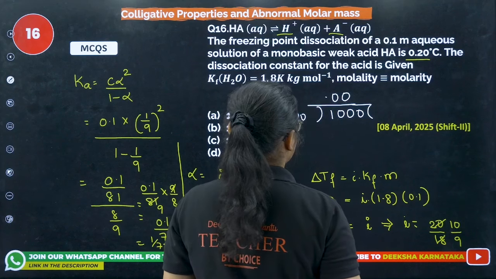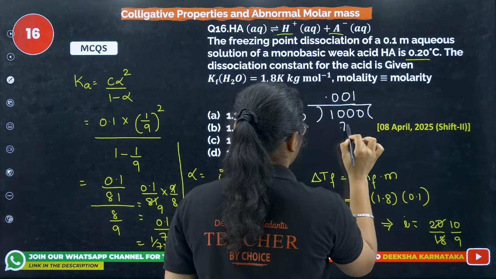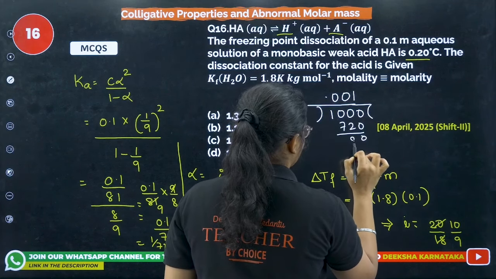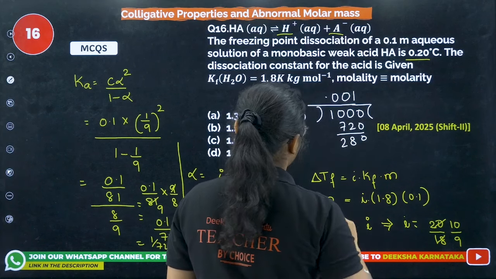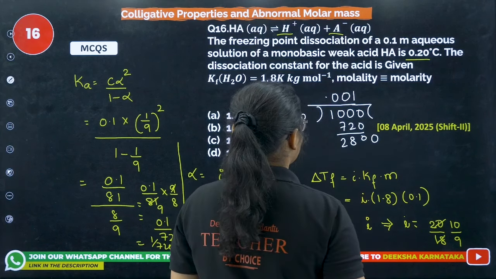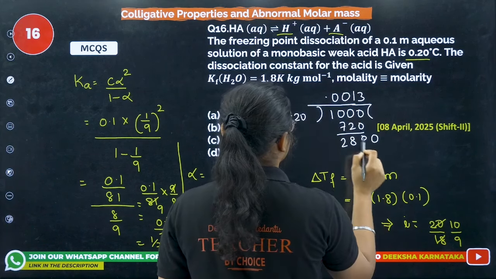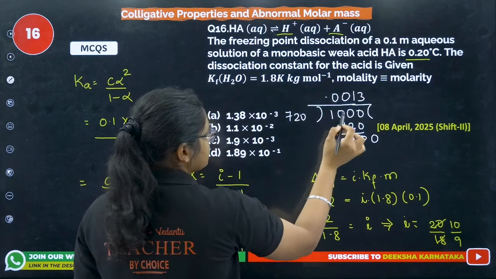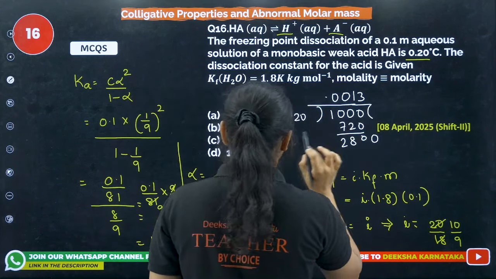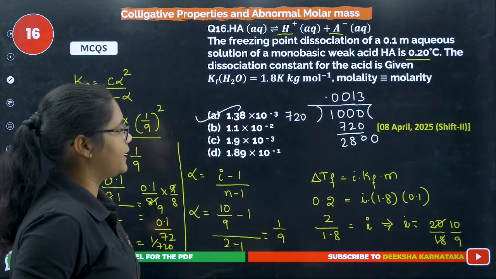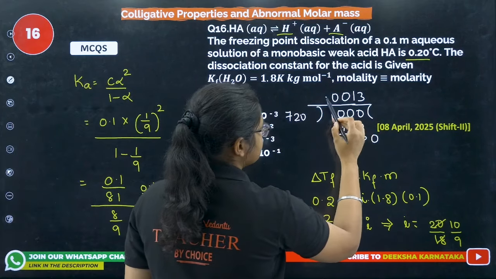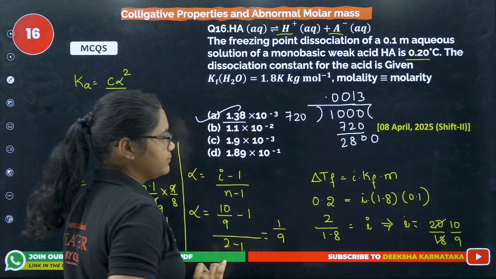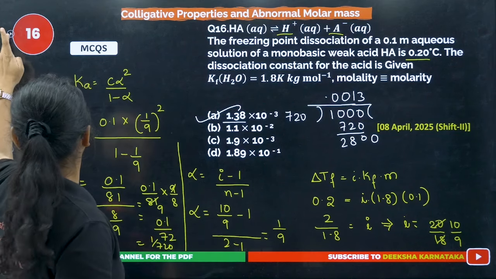Now I think I have to take 1 here. 720, 10 minus 7 is 3, I got 280. Now I can take 3, 3 sevens are 21. So 0.0013. I can see that this option has to be correct. Option number A: 10 to the power of minus 3, if I take, I'll get 1.3, right? So that's option number A.